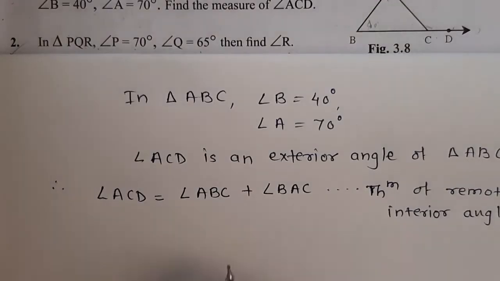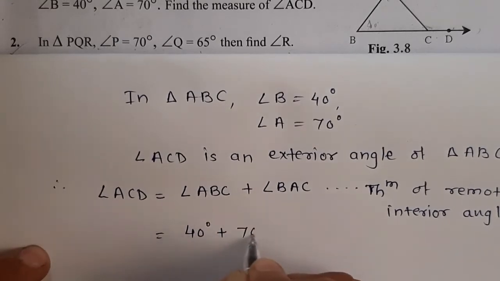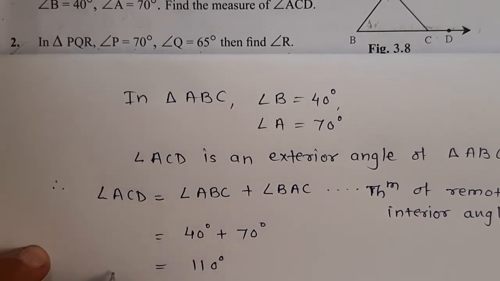Now angle B is 40 degrees and angle A is 70 degrees. So 40 plus 70 is 110. That means the measure of the exterior angle of the triangle is 110. So the measure of ACD equals 110.